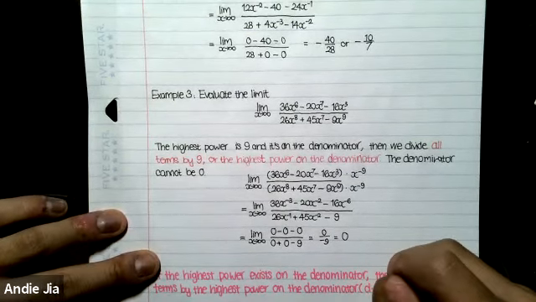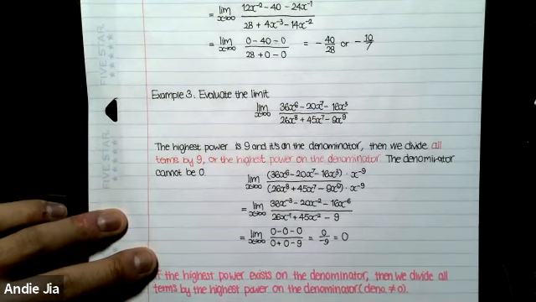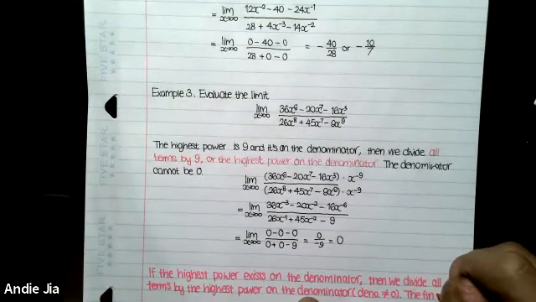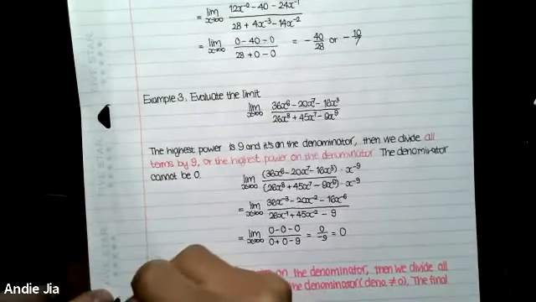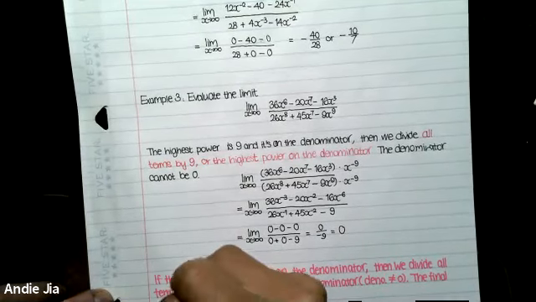Since the denominator cannot be a 0, the final answer is a 0.